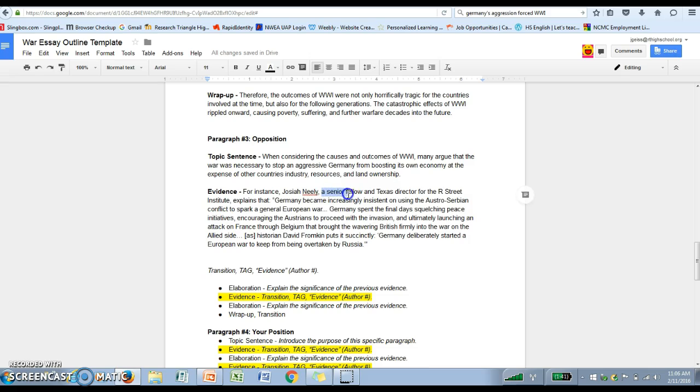It's important to note who the person is that you are quoting, because if, for instance, they're your neighbor, they might not actually know a lot about World War I, and therefore what they have to say is not very important. So by stating who Josiah Neely is, and showing that he's somebody who actually knows what he's talking about, it makes your paper more reliable and therefore more convincing.